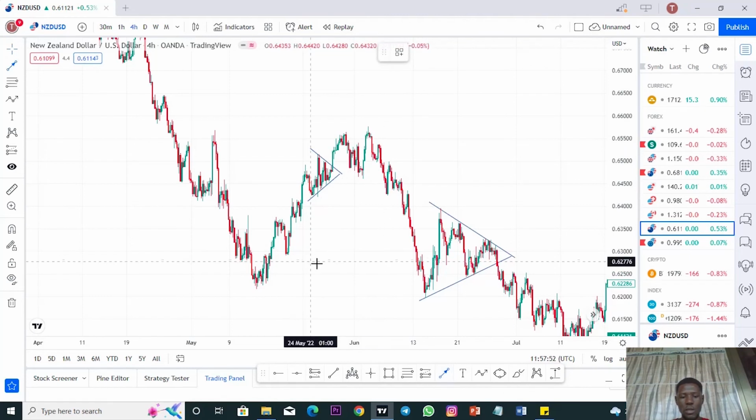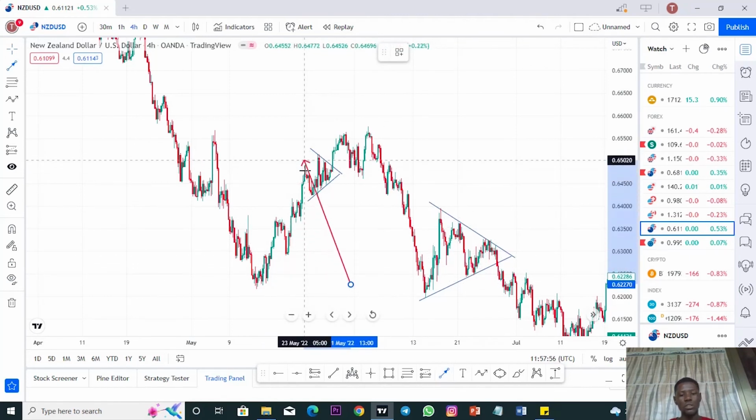You can see price was pushing all the way from this lower low to this lower high. Then price started to consolidate for a while before a spike to the upside. So this is how we spot another most important continuation pattern.